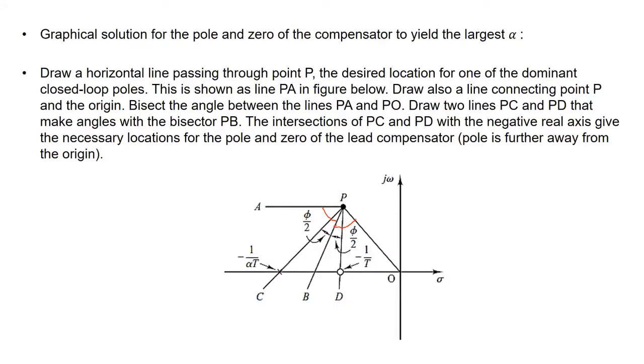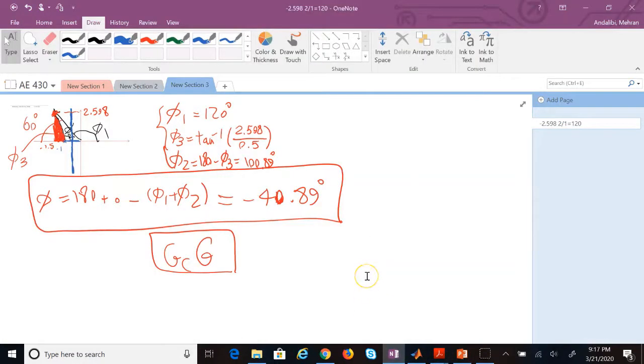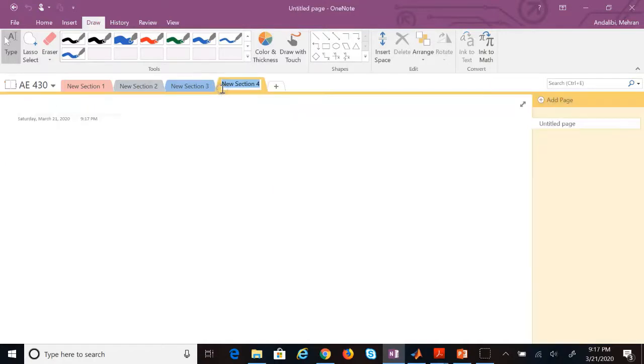Now, if we refer to this example, let's do it on the paper, because although this looks quite easy and graphical, when you really want to calculate the accurate location of C and D, we have to do a little bit of tricks again. So what I would do here is go back and redraw that picture you just saw.